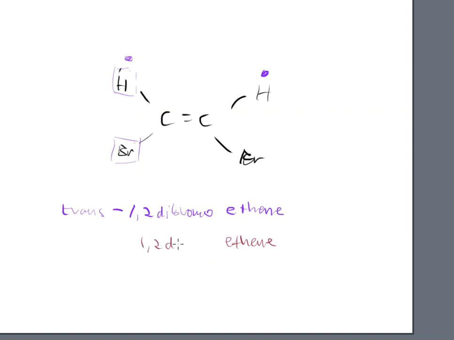It's still a 1,2-dibromo there. That's not changed. But what has changed is the stereochemistry of the double bond. Because you could be more specific here, and these hydrogens are on the same side. And because those hydrogens are on the same side now, this would be the cis form of that molecule.